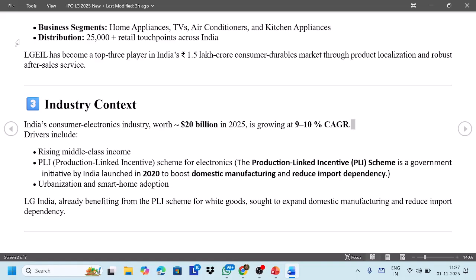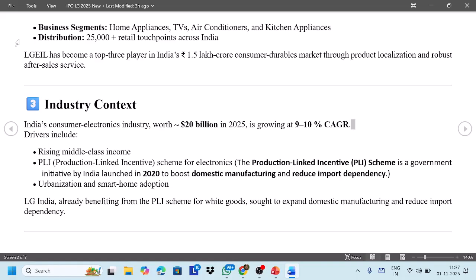Example 1: Mobile manufacturing, Apple, Samsung. Sector: Electronics and mobile phones. Launched in 2020. Incentive: 4 to 6% on incremental sales of phones made in India. Real example: Apple's manufacturing partners like Foxconn, Wistron, and Pegatron set up or expanded their factories in Tamil Nadu and Karnataka under the PLI scheme.